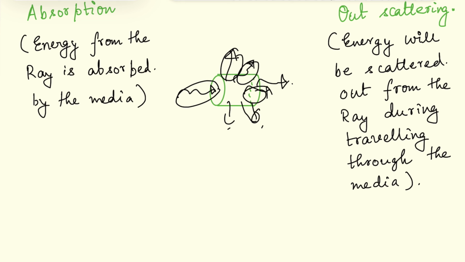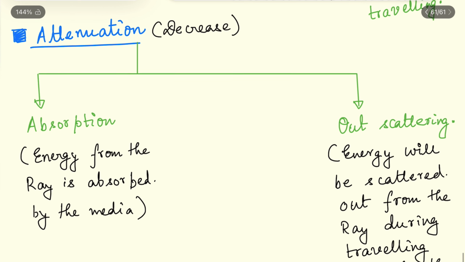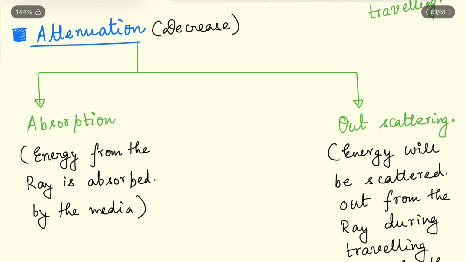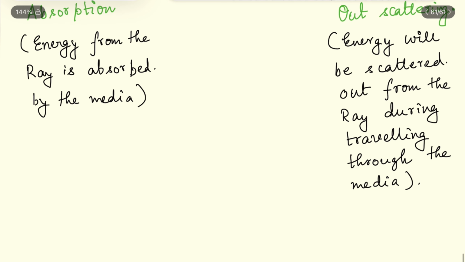In absorption, the energy remains in the control volume, because the particles inside absorb the energy. But with scattering, the energy can stay in the control volume, since the scattered energy can also be absorbed by the particles, or it can go out of the control volume. That is the difference between absorption and scattering. Now let us go to absorption.